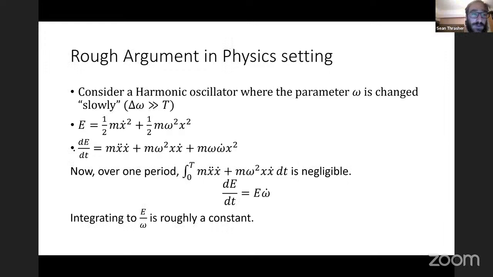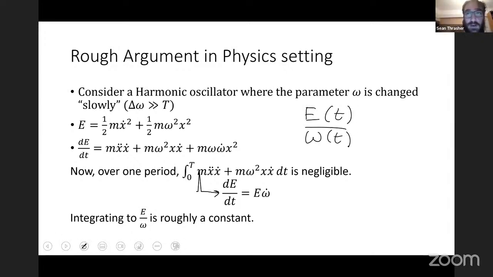And so we're left with essentially this differential equation, which means that over a time period, this quantity right here, if you take the energy and divide by omega, is roughly constant. And this is known as an adiabatic invariant.